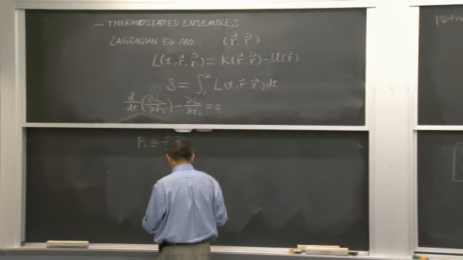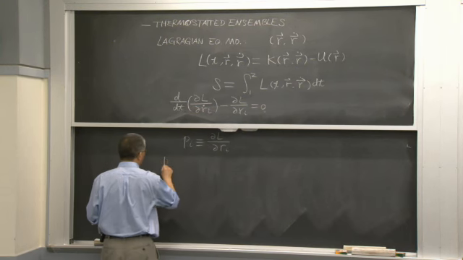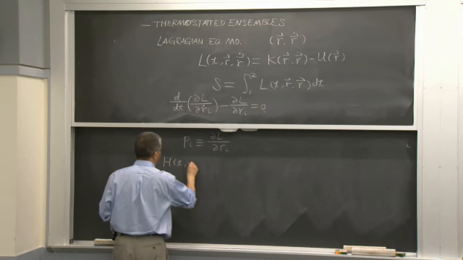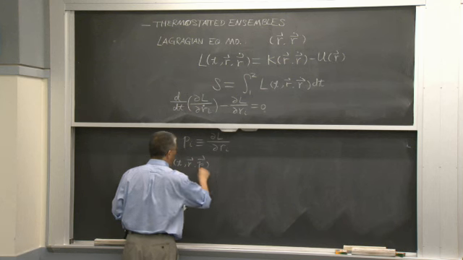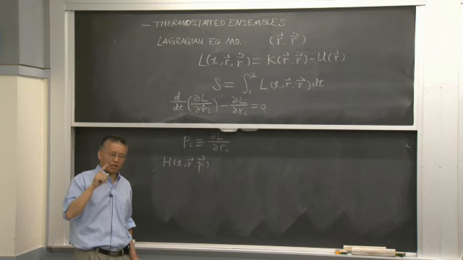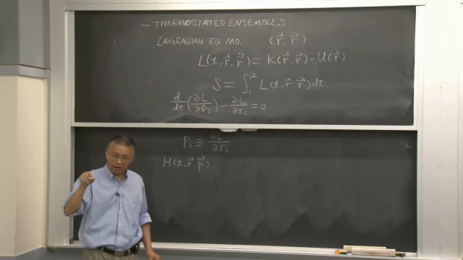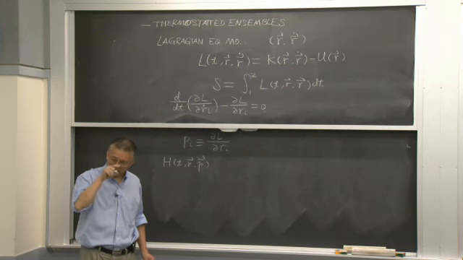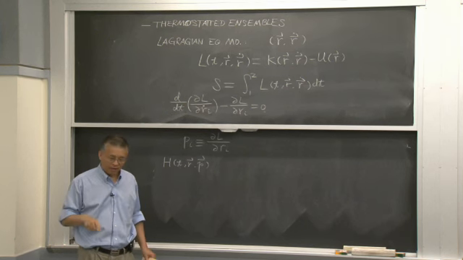And then you can construct your Hamiltonian H(r, p). So now my variables in the Lagrangian are r and r dot. In the Hamiltonian they are r and p, right?